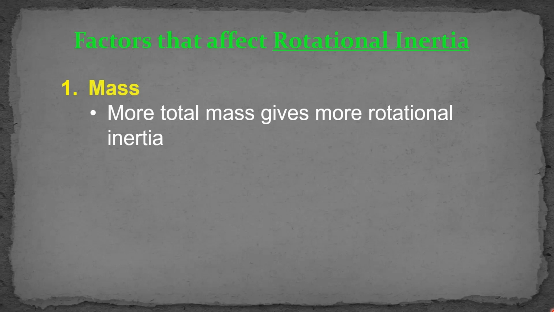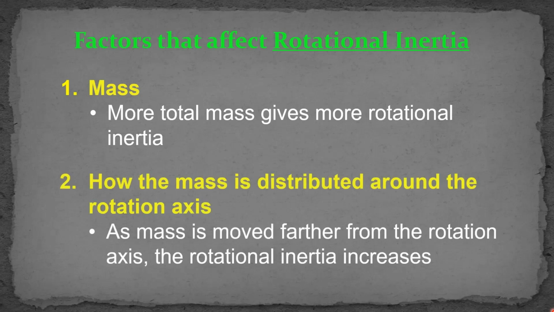The second factor is the one that really distinguishes rotational inertia from regular inertia. That is how the mass is distributed around the rotation axis. So if you move your mass further away from the rotation axis, the rotational inertia increases. And the reverse of that, if you gather more mass closer to your rotation axis, the rotational inertia decreases, meaning there's less resistance to changes in rotation.